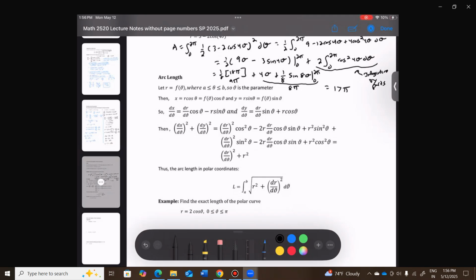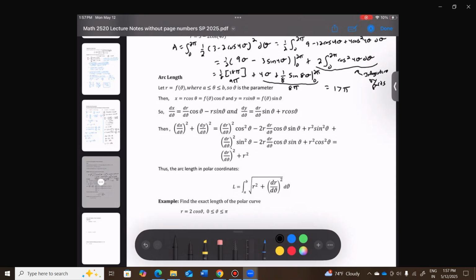So when we find dx d theta squared plus dy d theta squared, which is your Pythagorean theorem, we end up with dr d theta squared cosine squared theta minus 2r dr d theta cosine theta sine theta plus r squared sine squared theta, plus dr d theta squared sine squared theta plus 2r dr d theta cosine theta sine theta plus r squared cosine squared theta, equaling dr d theta squared plus r squared.